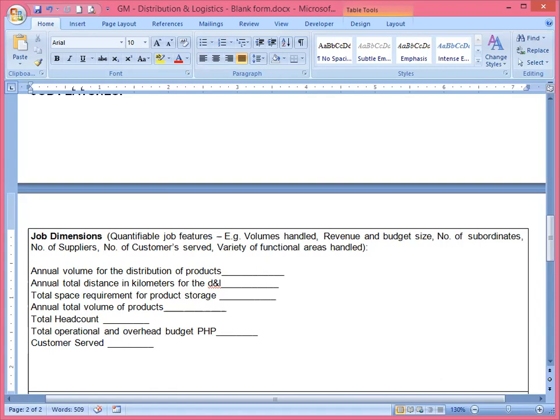Okay, you just don't forget other important things that you will include here, because for the job evaluation, to get the right grade of the position, you need to have all these things, because in the Hay method of job evaluation, these things are considered, and it goes to the accountabilities of the position.